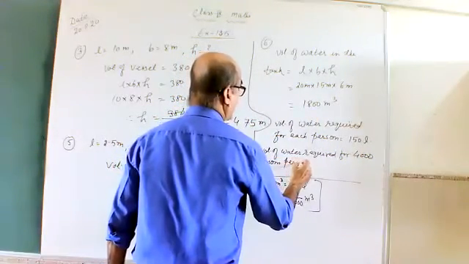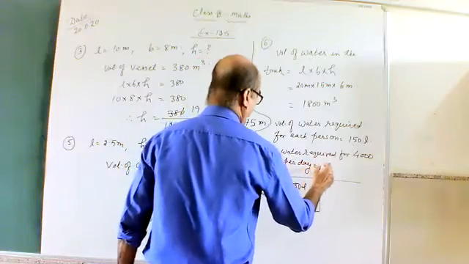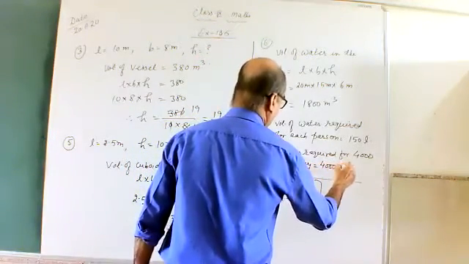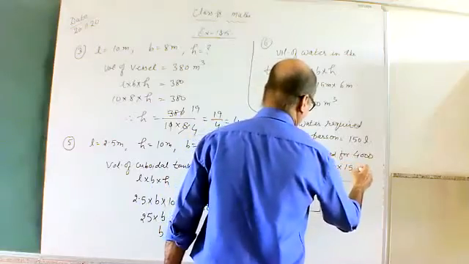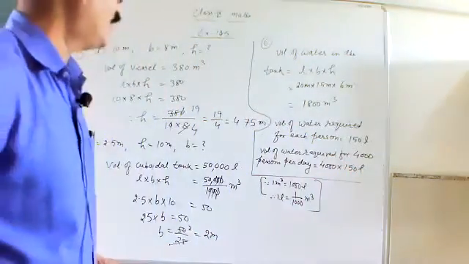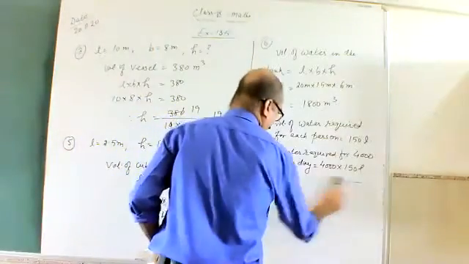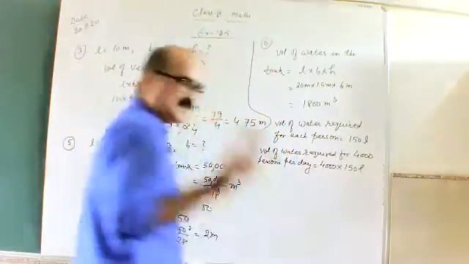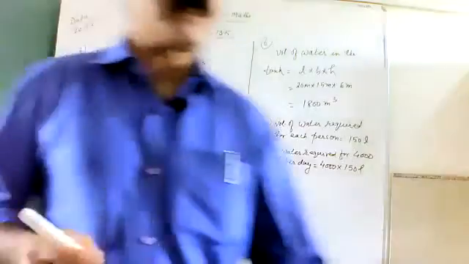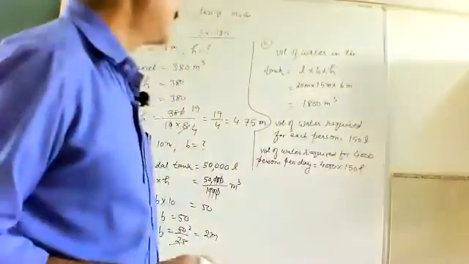that will be equal to 4,000 into 150 liter. ठीक है? 4,000 into 150 लीटर. एक आदमी को 150 लीटर पानी कितने चाहिए? तो उस विलेज का पॉपुलेशन कितना है? विलेज का पॉपुलेशन है 4,000.